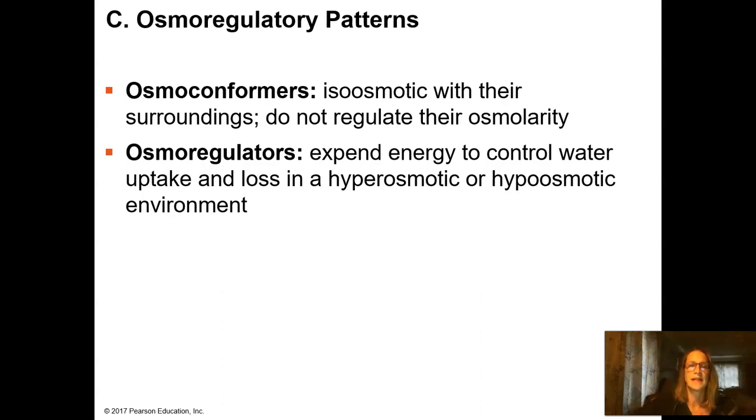This means that their osmolarity is completely dependent on their surroundings, and we're going to talk about that a little bit more in a second. Osmoregulators have a lot more control over their osmolarity, and they expend energy to control how much water they take up and lose in a hyperosmotic or hypoosmotic environment, and different types of organisms are better at those different types of osmoregulation, which we'll talk about in a second.